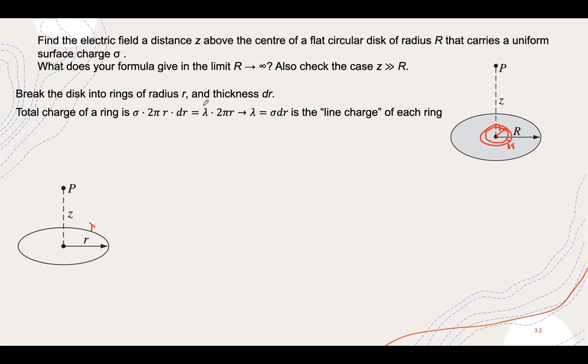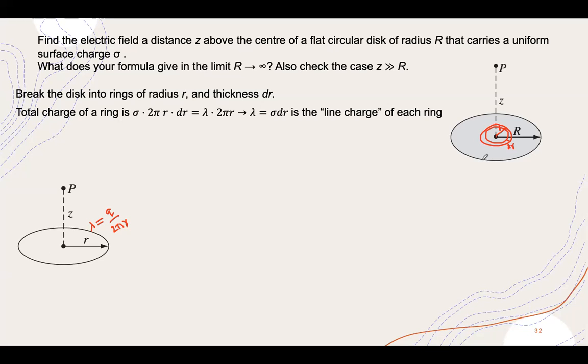Again, if I repeat, lambda is charge per unit length. For this ring, we have q divided by 2 pi r, because the ring length is nothing but the perimeter of this circle.